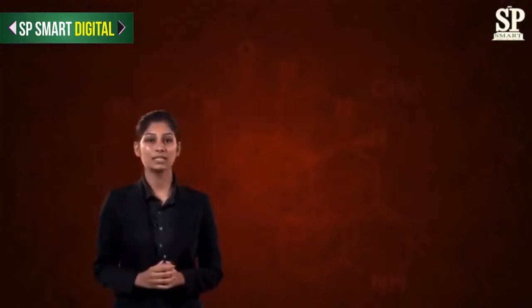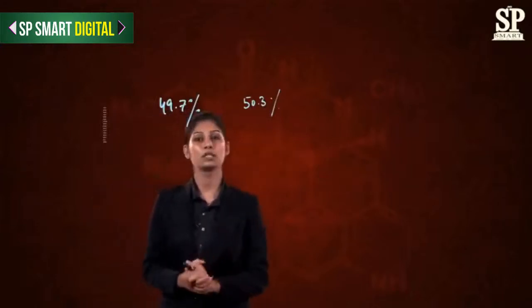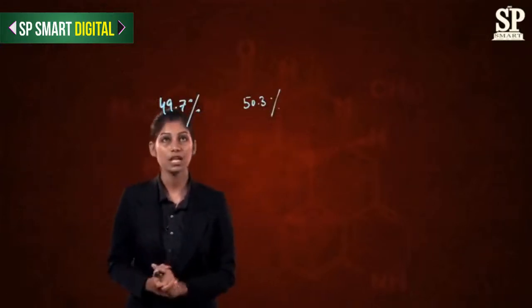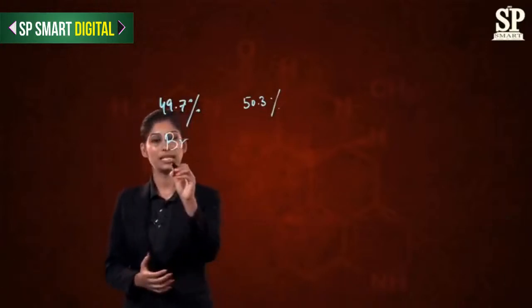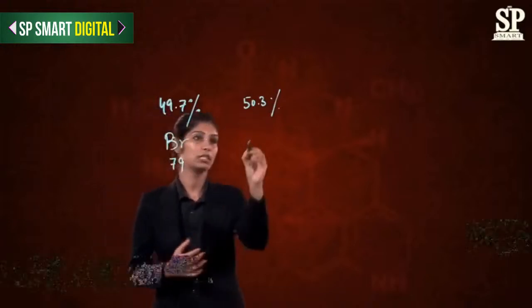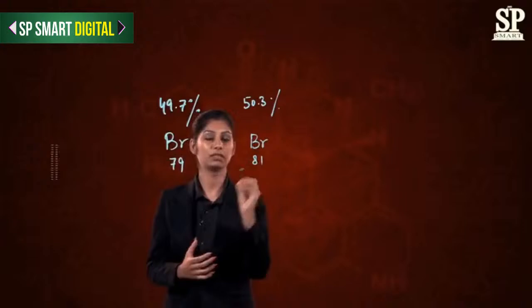Now let's start another question. If bromine atom is available in two forms, say isotope 1, which is existent in the percentage 49.7%, and another isotope which is present in nature at this percentage, calculate the average atomic mass of bromine atom. Now the mass number of this isotope atom is 79 and the mass number of this bromine isotope atom is 81.